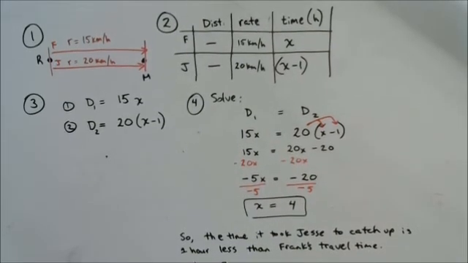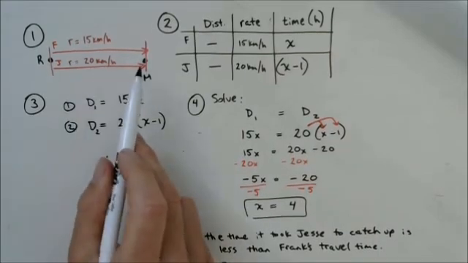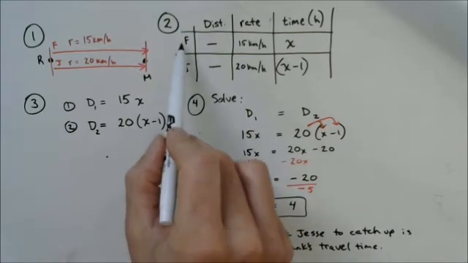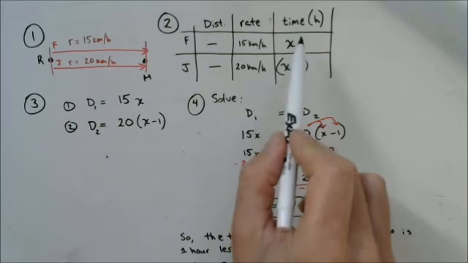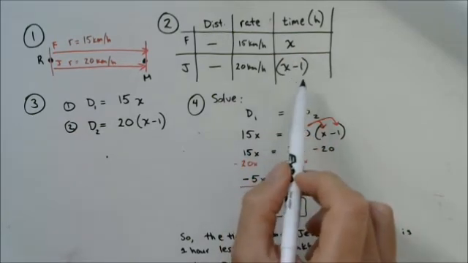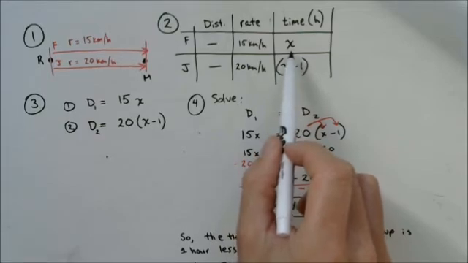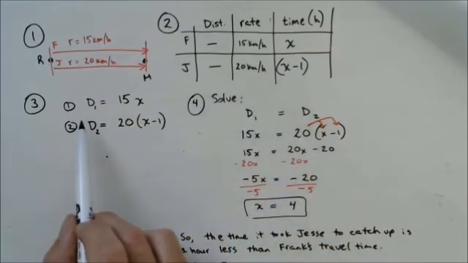Okay? Again, going over the steps very carefully, we drew a diagram of what we thought was happening. We recorded our information in a chart that included both objects that are traveling, the distance they traveled, the rate at which they traveled, the time it took them to travel. We represented Jesse's time in terms of Frank's time, which was simply the variable x. From this chart, we could develop two equations.